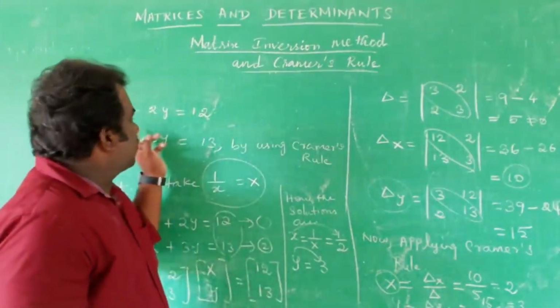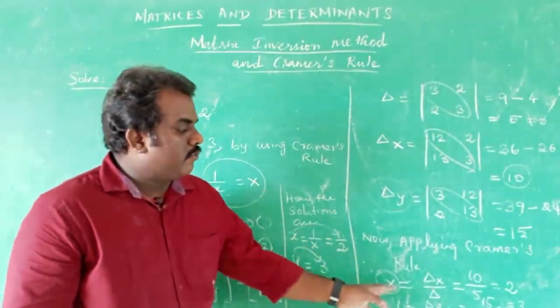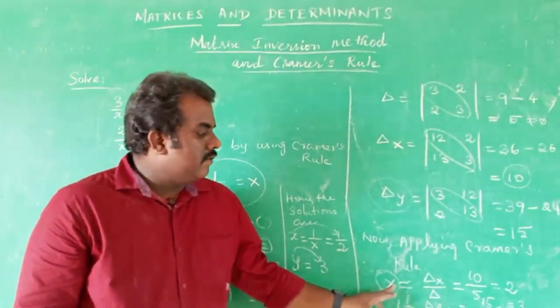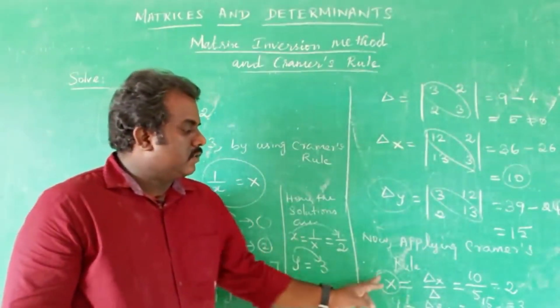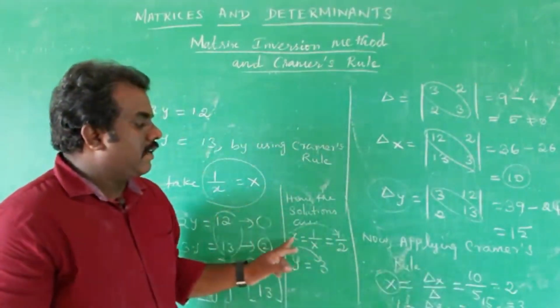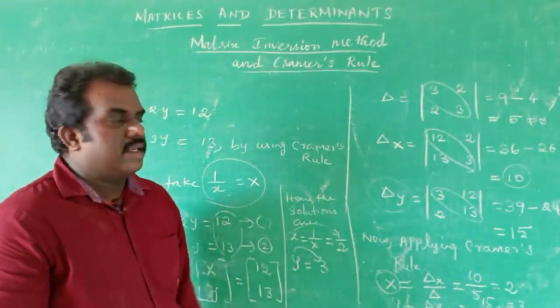Here only 1/x is given, so let us take capital X equal to 1/x. First we find the value of capital X, then from this we get small x. Just take the inverse of the value 2, and we get small x equal to 1/2 and y equal to 3.